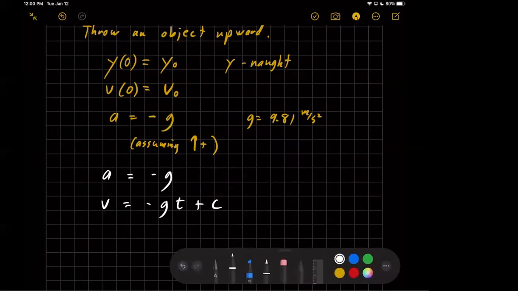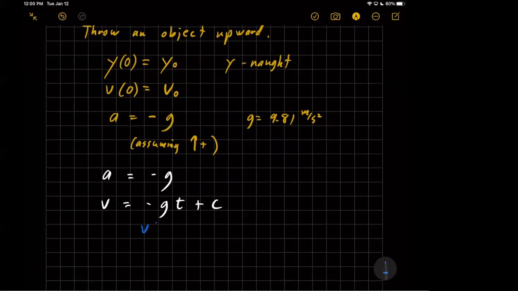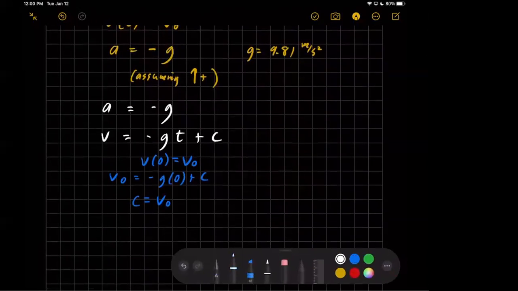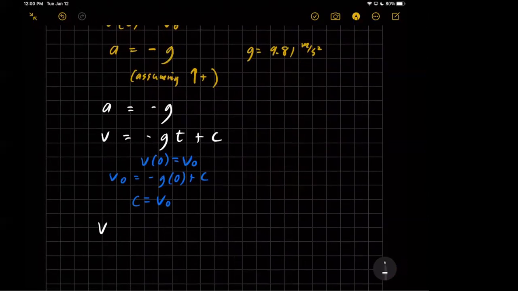But now we need to substitute. We know that v at time 0 is called v naught. So I can write v naught is equal to negative g times 0 plus c. So what is the c value? C is v naught. Now I can say the velocity as a function of time must be equal to negative gt plus v naught.